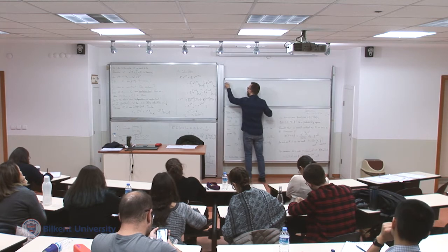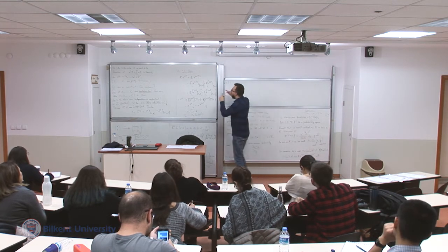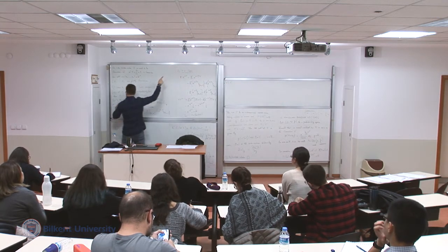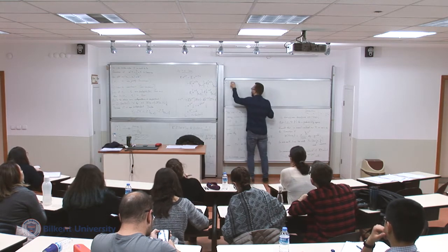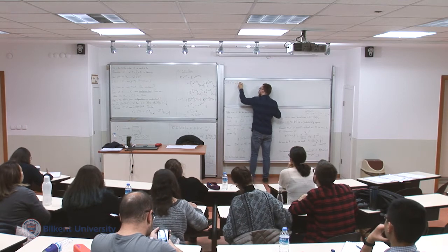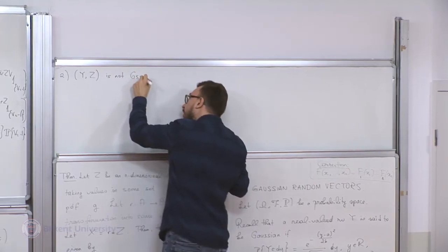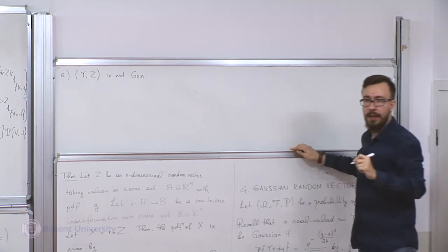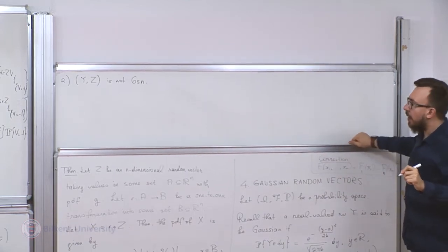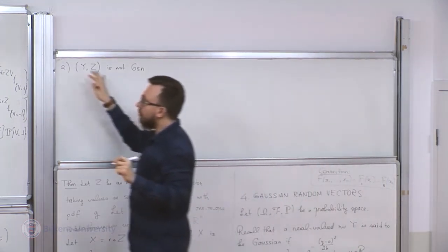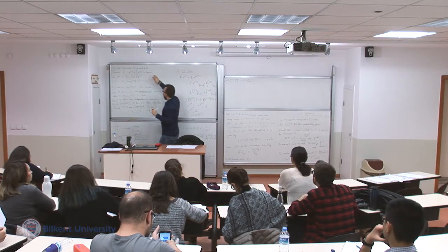So number 2 is that, so this Y is Gaussian, Z is Gaussian. The second claim is that YZ together is not Gaussian. In other words, they are not jointly Gaussian. They don't form a jointly Gaussian vector. What does it mean to be a jointly Gaussian vector?